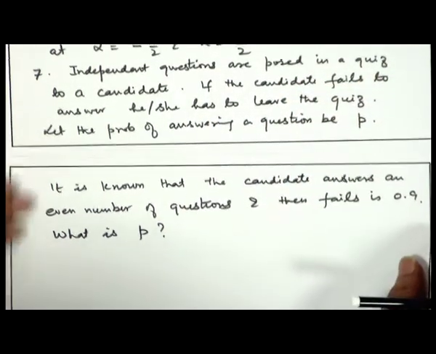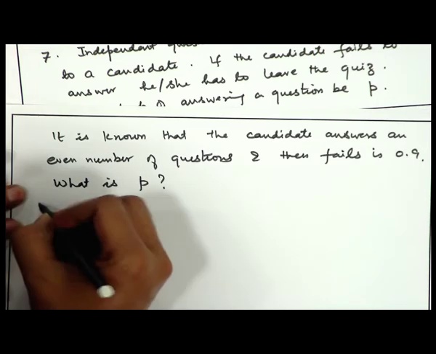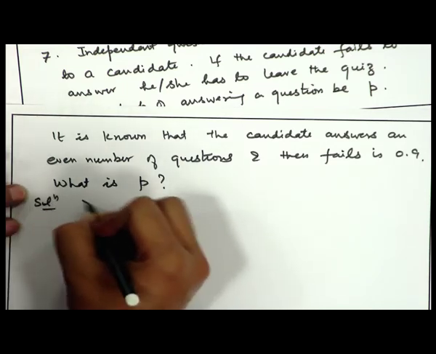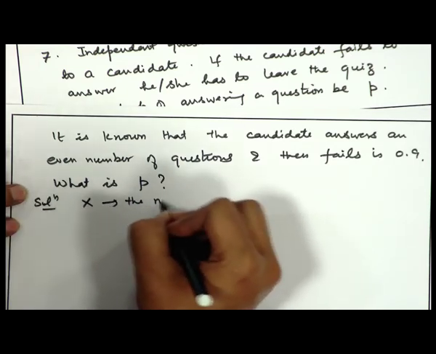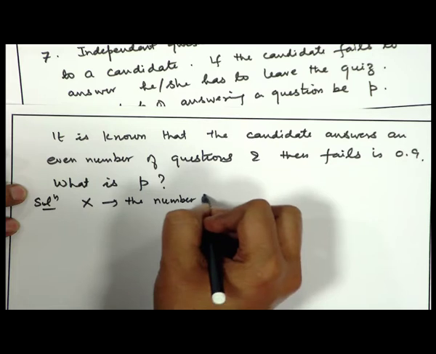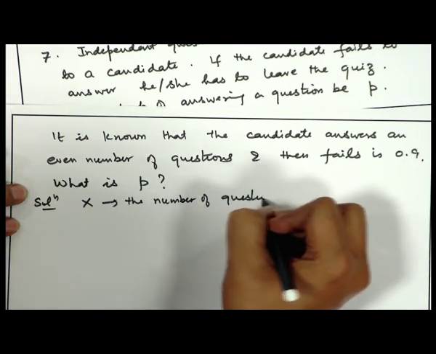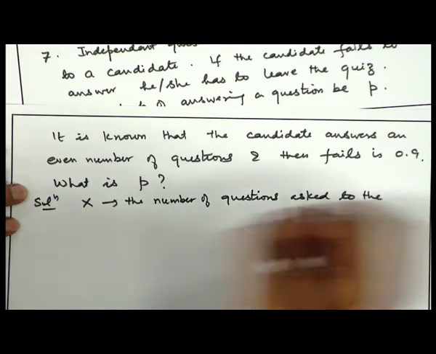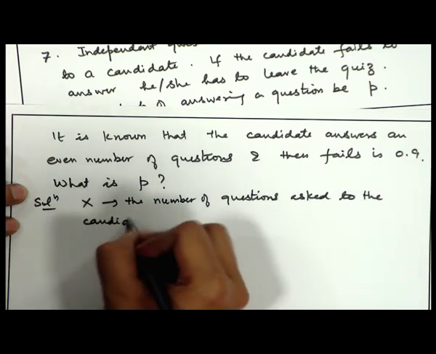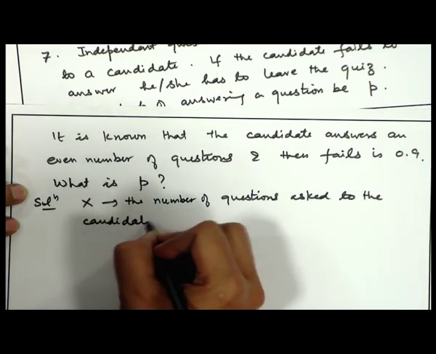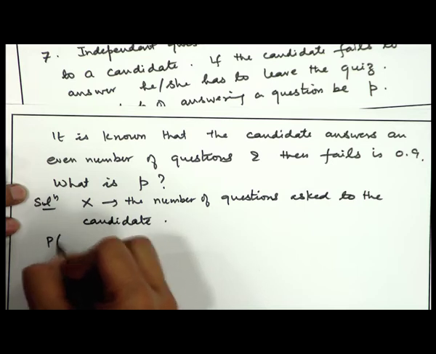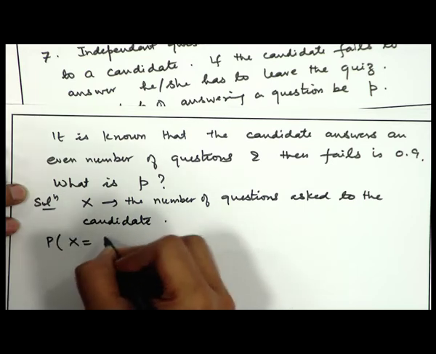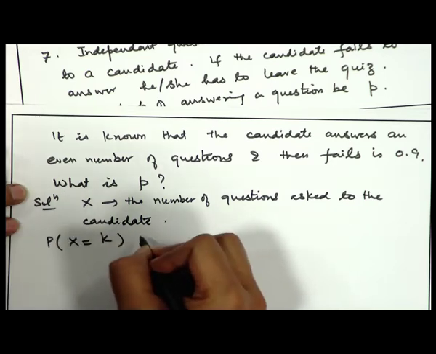So, now let us say x is the number of questions asked to the candidate. Then x can take values 1, 2 and so on.